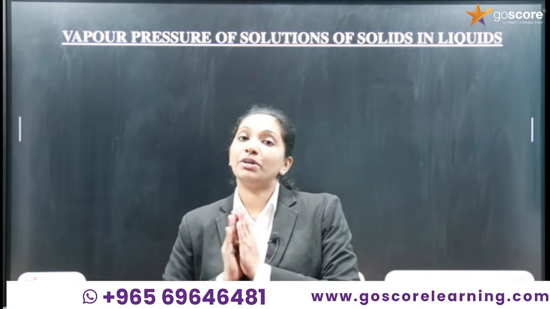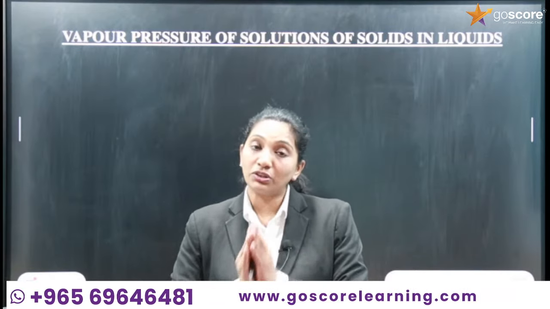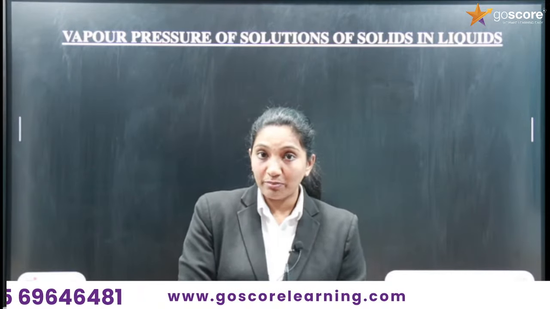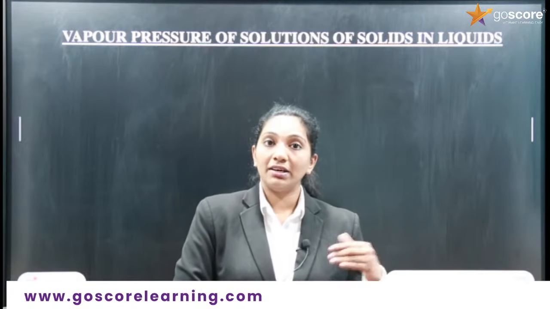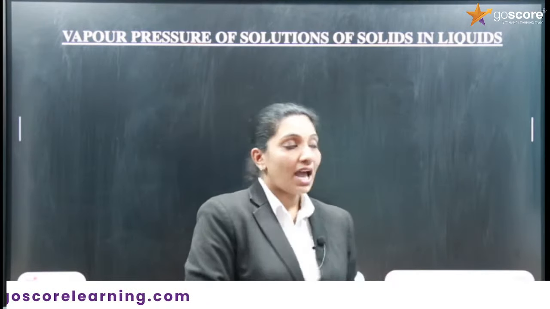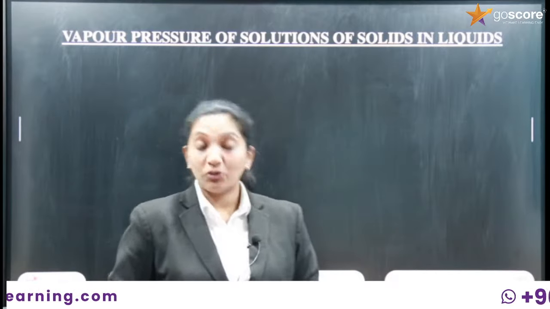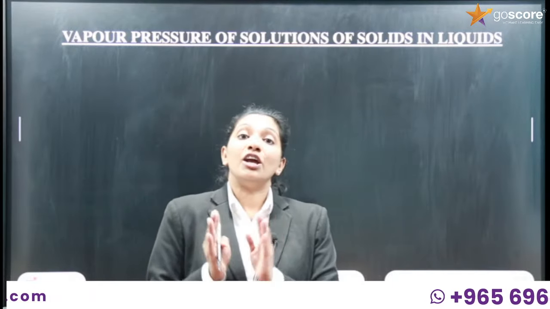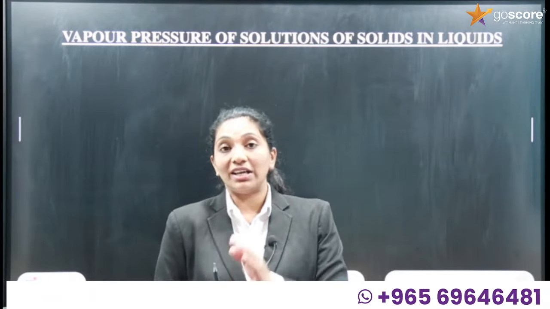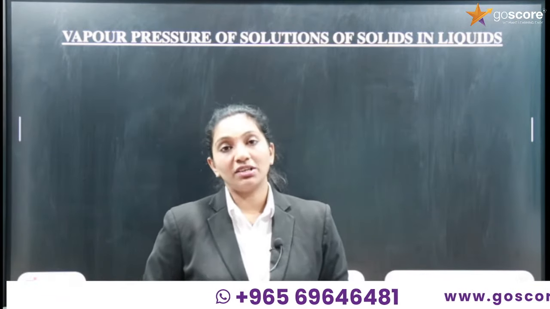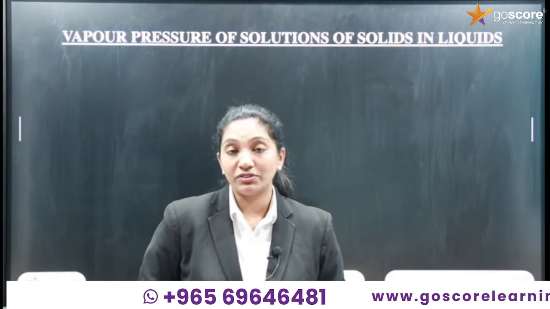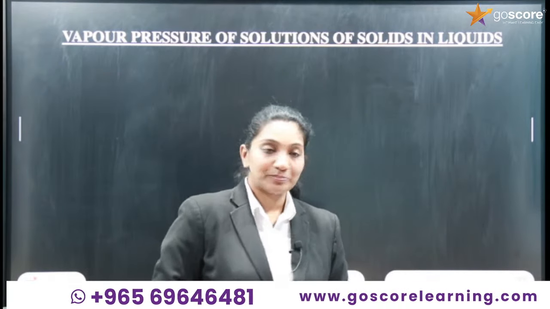The total vapor pressure of the solution is equal to the vapor pressure exerted by one component plus the vapor pressure exerted by the second component, right? And also we have derived the equations that relate the vapor pressure of the component in the vapor phase with the partial pressure and the number of moles of the component, right?